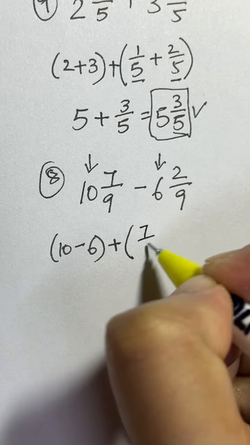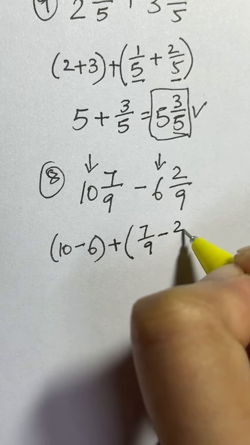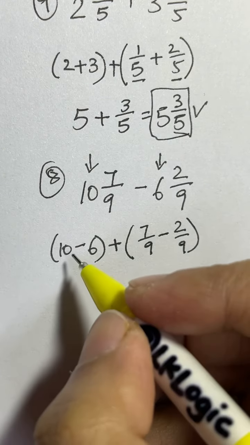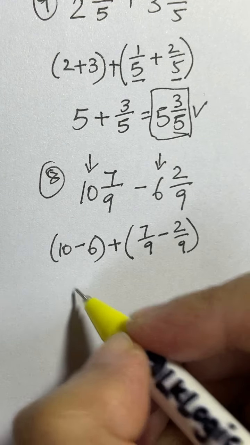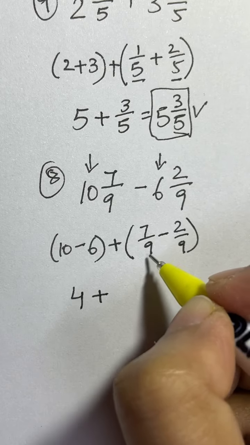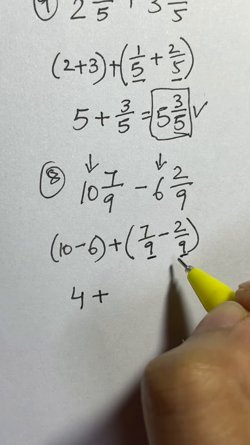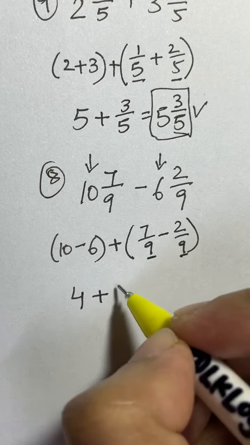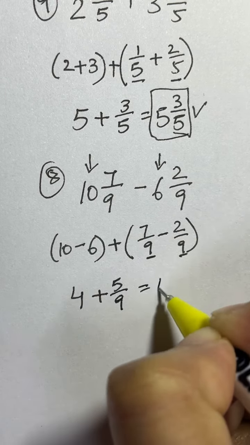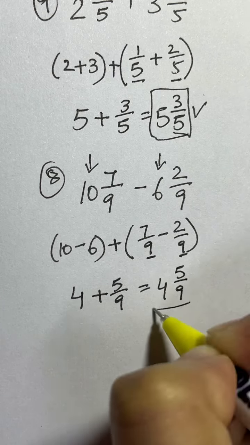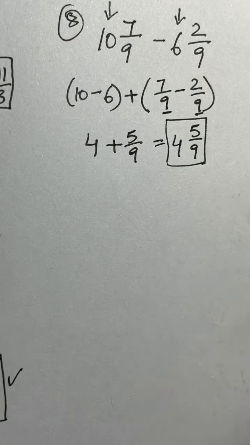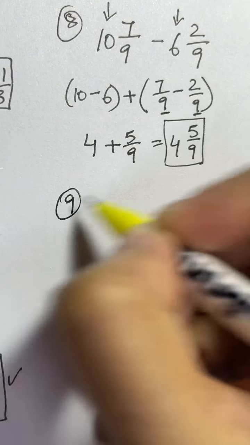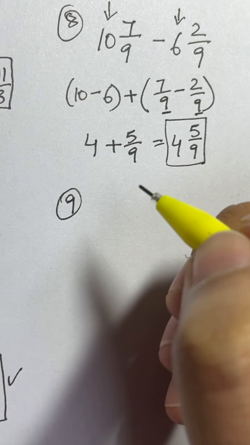Now you have 7 ninths minus 2 ninths. So 10 minus 6 is 4, plus the denominators are the same, don't need to do anything. So 7 minus 2, just subtract the numerators, that's 5 over 9. So it's 4 5/9, done. Okay, let's see an example with different denominators.